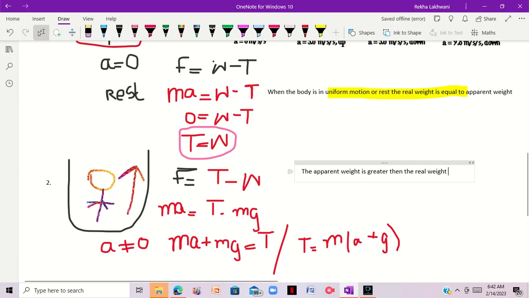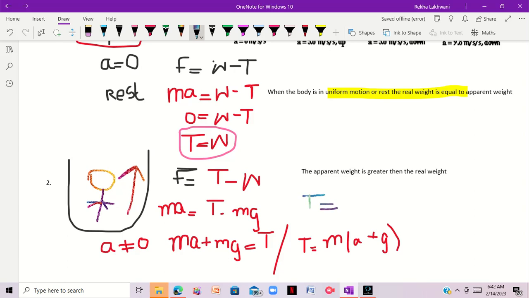So we can write this formula as tension is equal to ma plus W. We can write this formula like this, and we can say that tension, which is the apparent weight, is greater than the real weight, right?